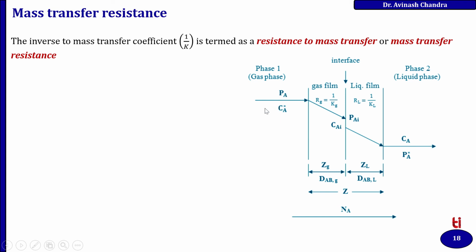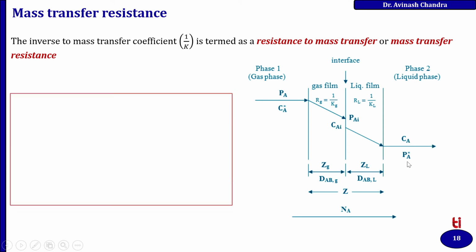From here to here the pressure is PA and the concentration is CA, and at this position with the distance of ZG and having the diffusivity DABG, it will reduce to the concentration CAI, and it further reduces to PAI, and finally it's the CA.